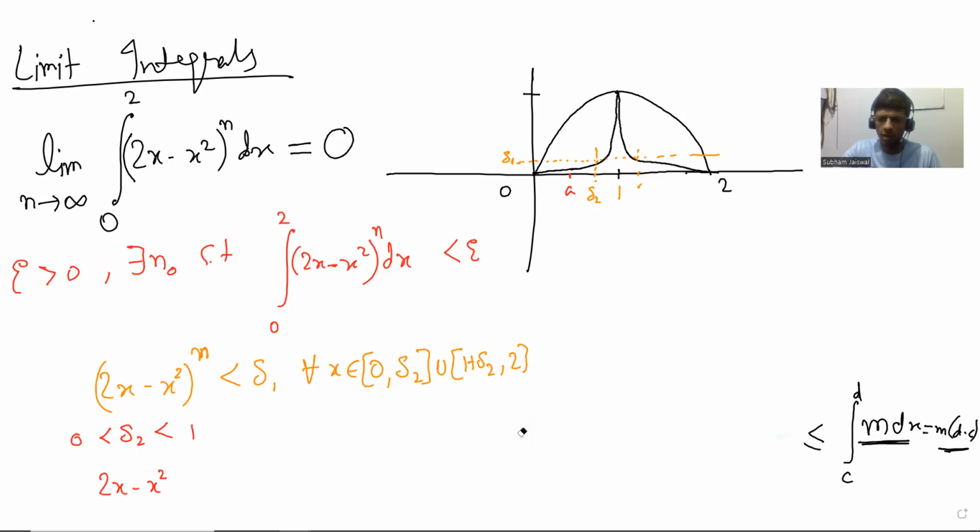Maybe the first time you're trying to do this, uniformly find n which works for all values of x, for some given delta 2. So you have to use the delta 2 in your argument.